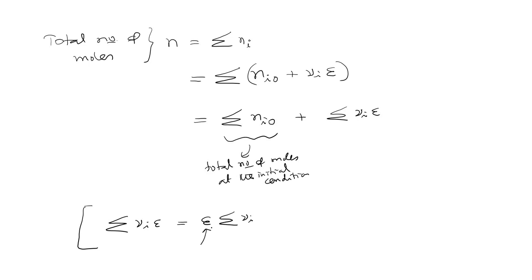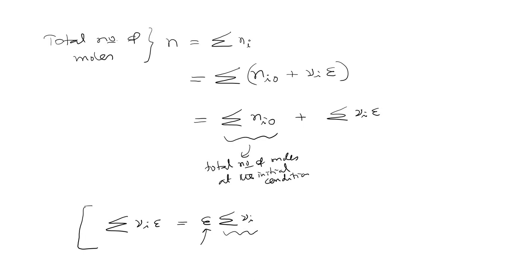Epsilon is the reaction coordinate, which is actually independent of the stoichiometric number. So in a given reaction, epsilon is a constant at a particular stage of the reaction. So you can take epsilon out, therefore you can write this as epsilon into the summation of nu I. What is the summation of nu I?